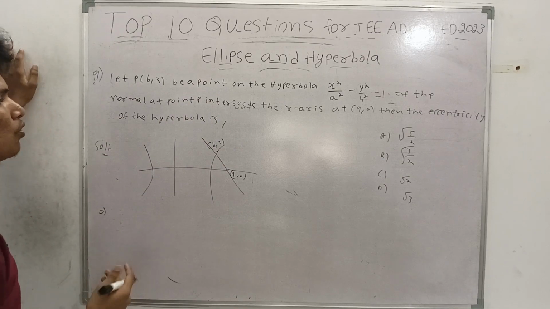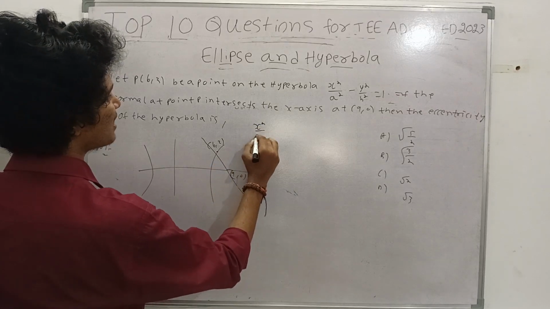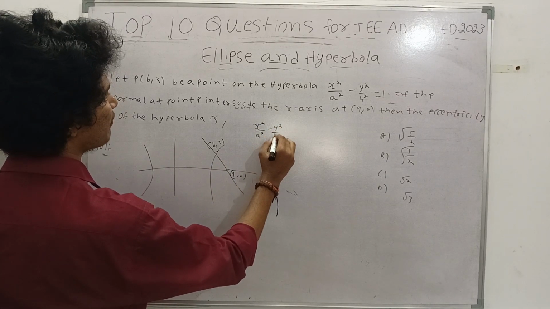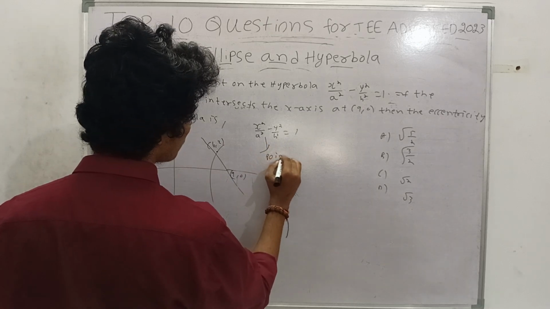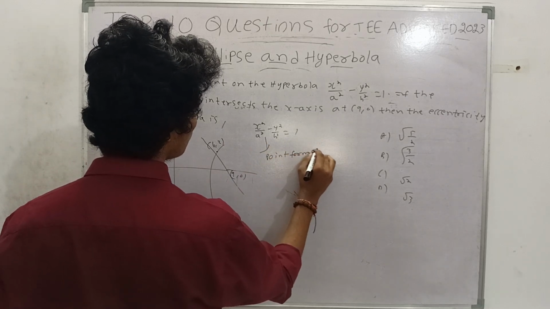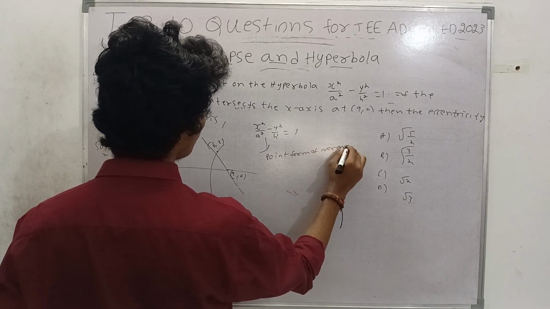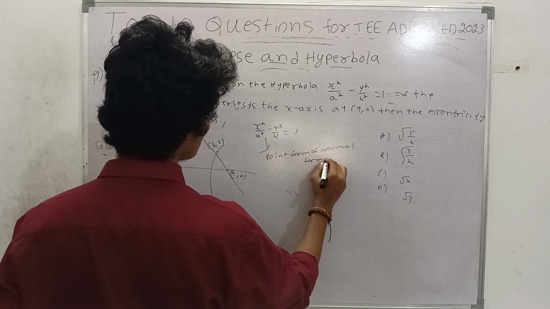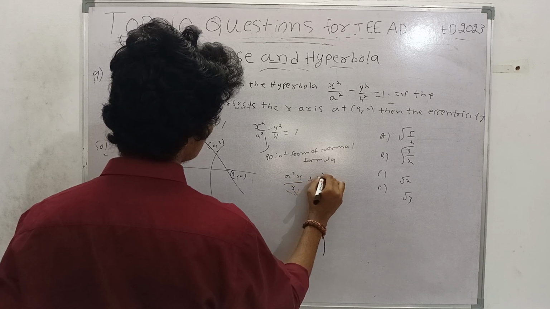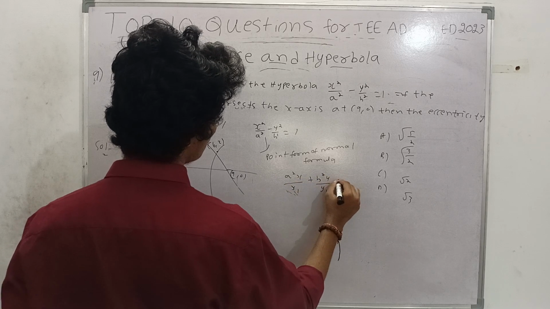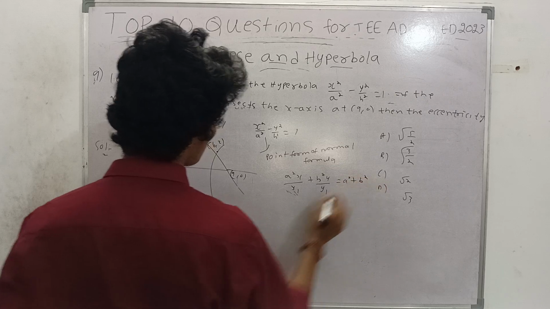Now what we can do? For x square by a square minus y square by b square equal to 1, what is the point form of normal formula? It is a square x divided by x1 minus b square y1 equal to a square plus b square. This is the formula.